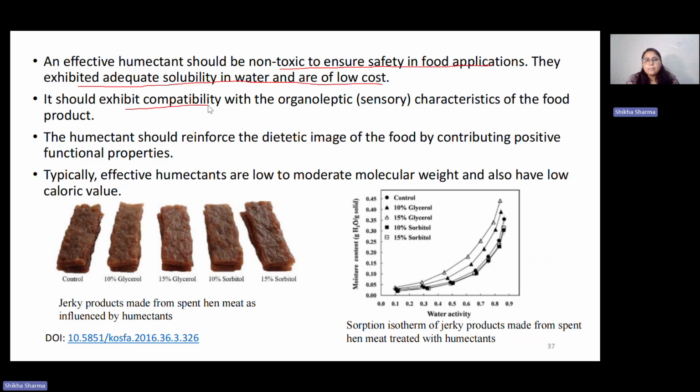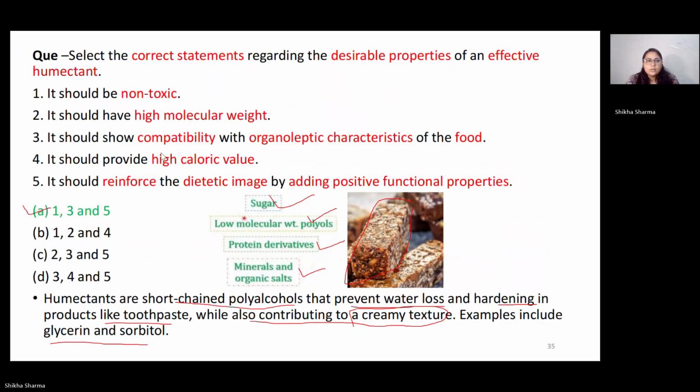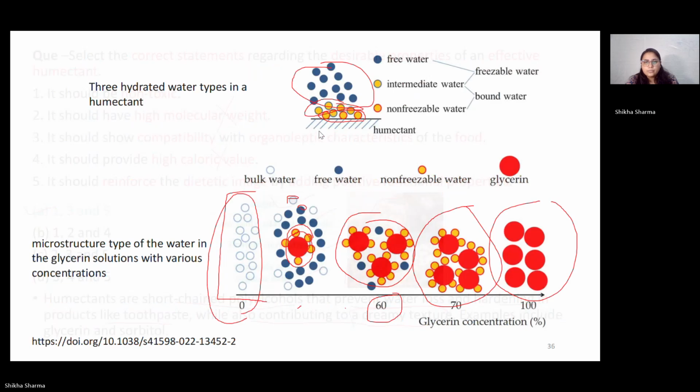It should exhibit compatibility with the organoleptic sensory characteristics of the food products, and should reinforce the dietetic image of the food by contributing positive functional properties. Typically, effective humectants are of low to moderate molecular weight and also have low caloric value. So here, statements 2 and 4 are false, the rest is true.